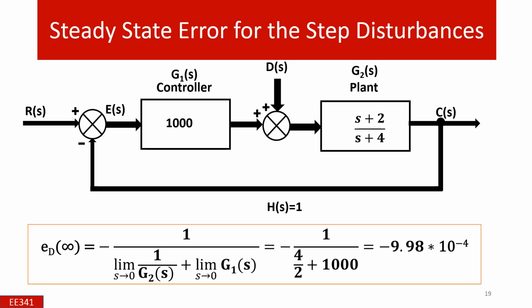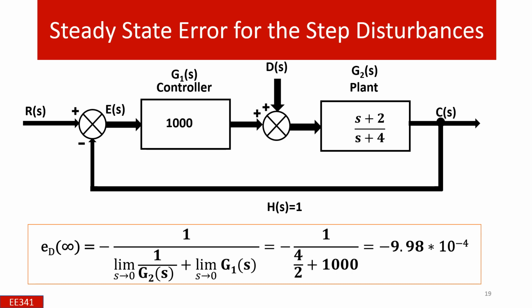Once again we have to find the value of the steady state error due to the disturbance, and this disturbance is given as a step disturbance. So again the same formula, by using the DC gain of the plant and the DC gain of the controller, and we have some values like this one.